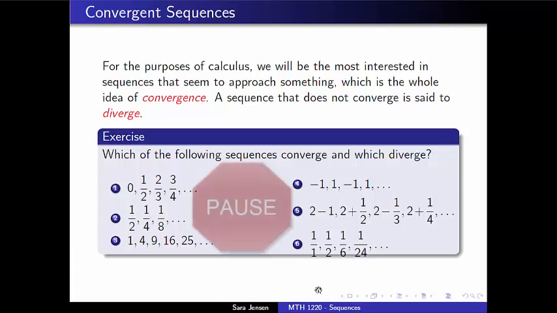So again, I'm going to ask you to pause the video, and for each sequence here, think about, do you think this sequence approaches something? And if so, what is it approaching? Or do you think this sequence doesn't approach anything? It's not heading towards any one number in particular.